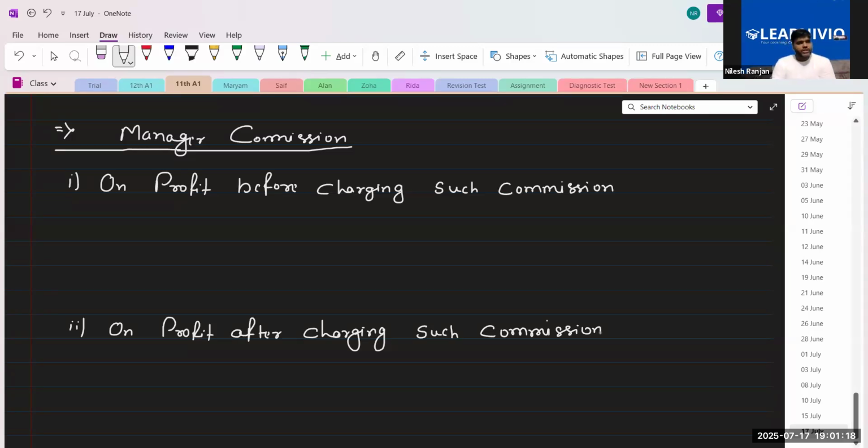So one is before charging such commission, the second is after charging such commission. First of all, if you don't know the commission, how can you calculate profit after charging commission? Because in the first case, it is calculated on profit before charging such commission, meaning whatever profit you have calculated, you will just multiply by the percentage.